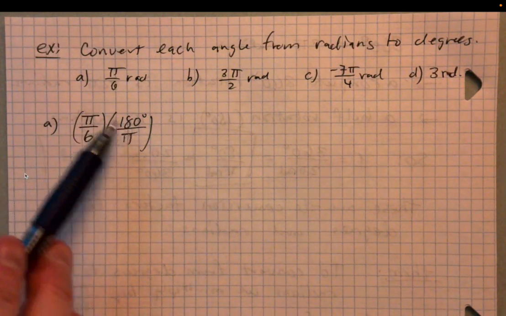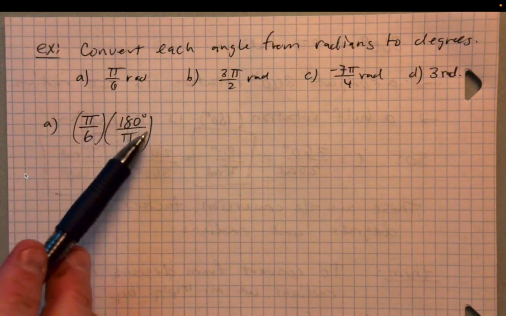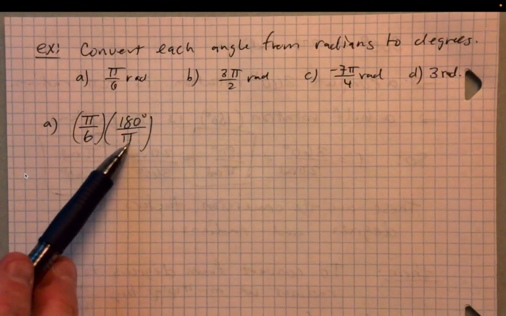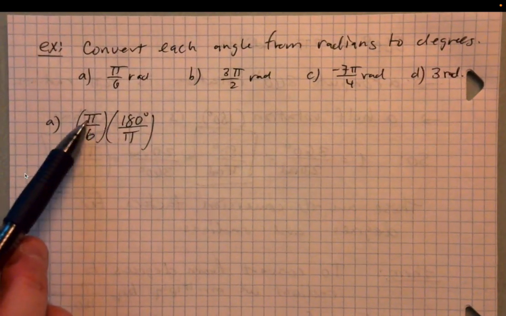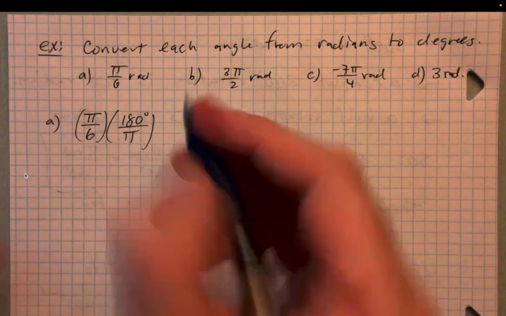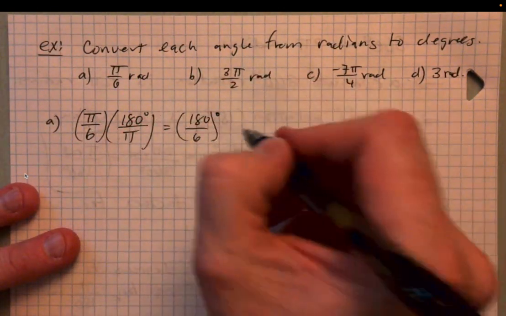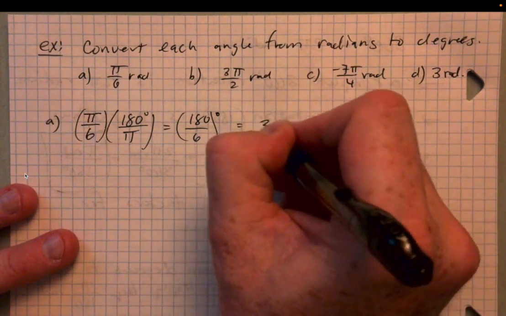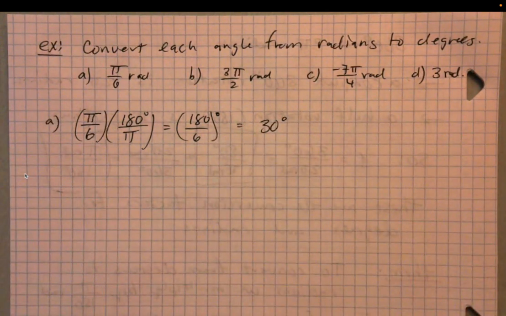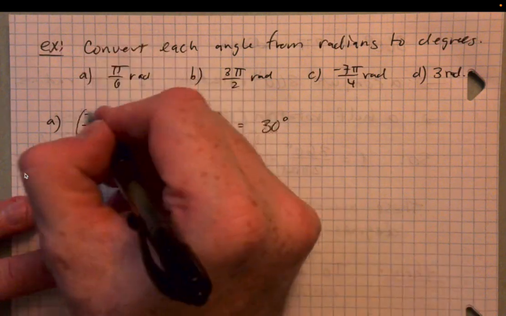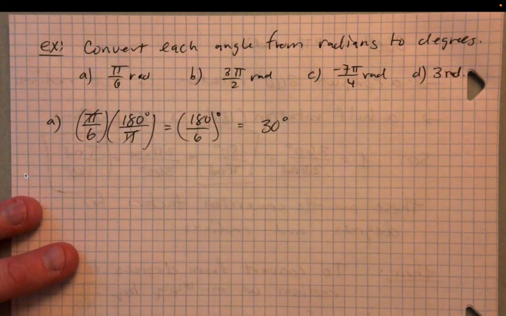That's how you can remember to go from radians to degrees. It's 180 over pi, because the pi will be in the denominator. Here the pi is in the numerator. They'll cancel. And so what you get is 180 over 6 degrees, and you can see that's 30 degrees. The pi's cancel, right? You can see that.